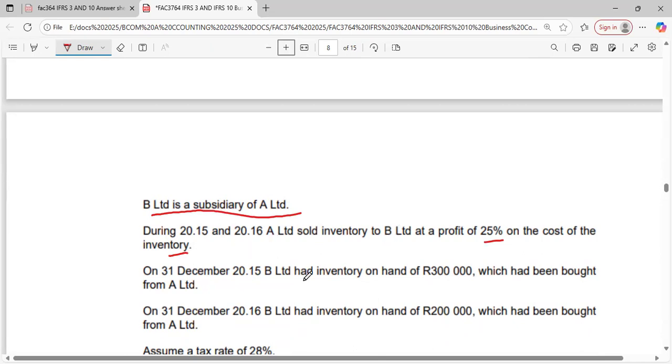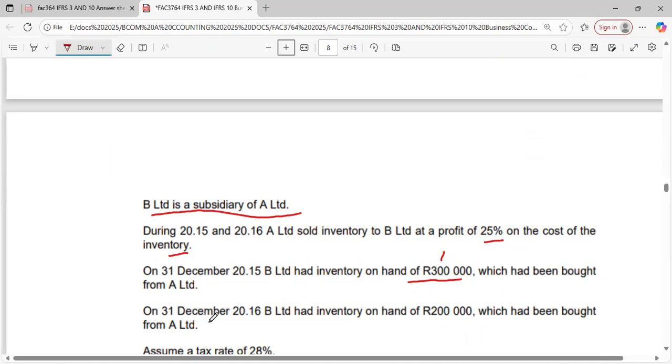Then on 31 December 2015, B Limited had inventory on hand. So B Limited is still holding inventory of 300,000. So the profit in this inventory is the unrealized profit, because it's still in the hands of B Limited. So the profit, we call it unrealized profit.